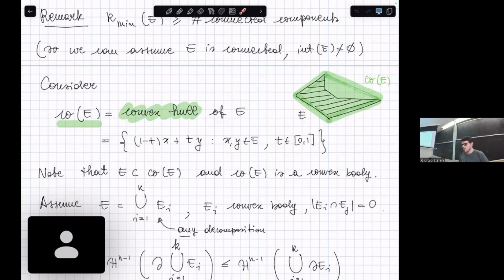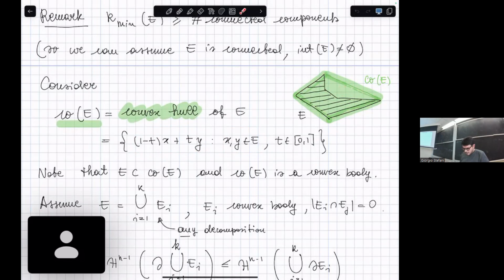Well, it is easy to imagine. You have this non-convex set, and you will convexify it in this way. So you will consider all the possible convex combinations of 2 points inside this set E. This will be the convex hull. So essentially, it's saying that if you have a U shape, then you will connect the U shape in such a way that you fill this hole here.